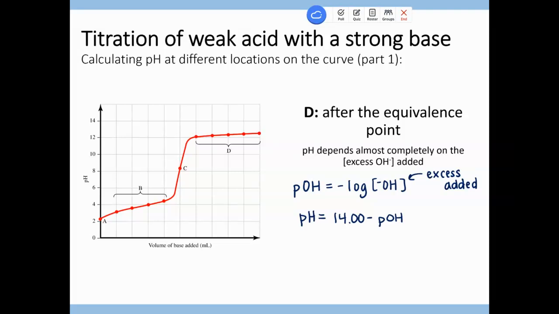Okay, so extra OH minus added will indicate what that pOH is going to be. Then we've got pH.